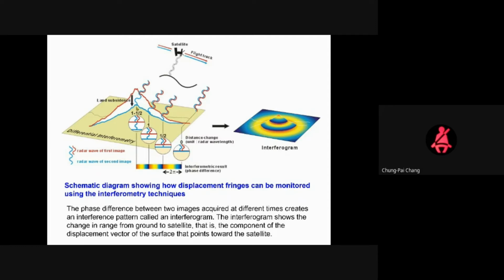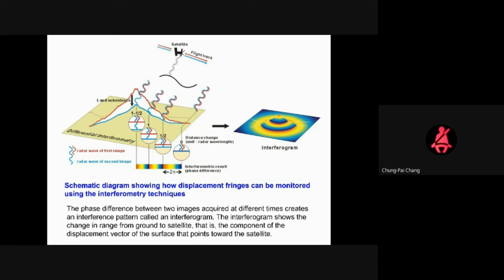Toward the volcano center, the subsidence is larger and larger, and the distance for the radar travel will be longer. So we can see the blue wave will go a little longer and come back to the satellite. So there's a half wavelength for this area.